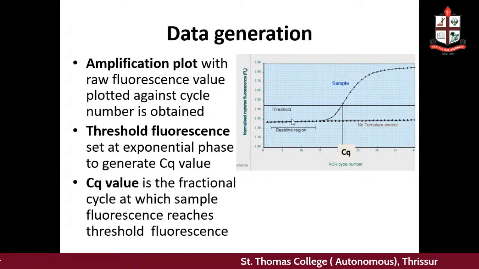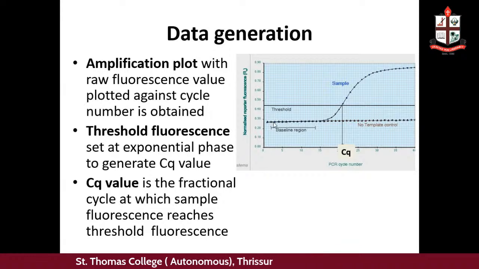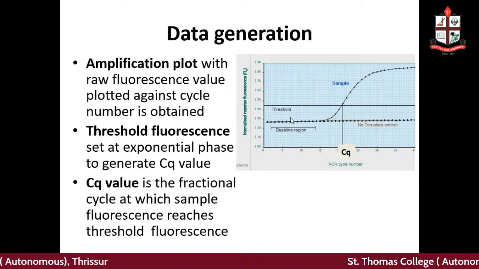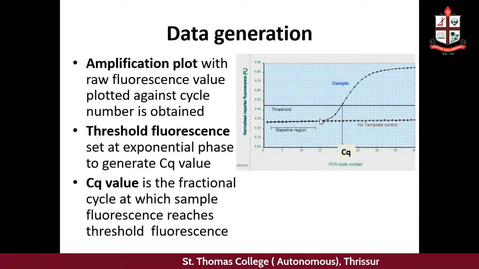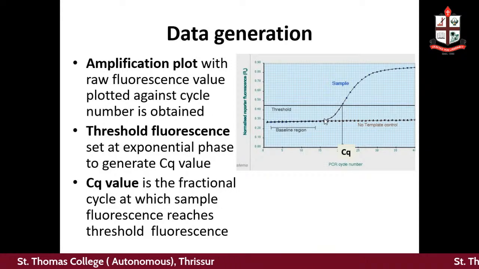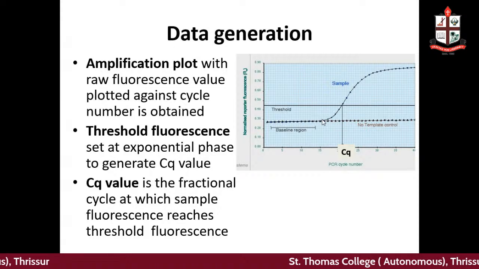This is because the unbound dye also has a fluorescence, and that is known as basal fluorescence. Only when the fluorescence from the PCR product increases above the basal fluorescence can it be detected. That's why we see an exponential increase only after some cycles.